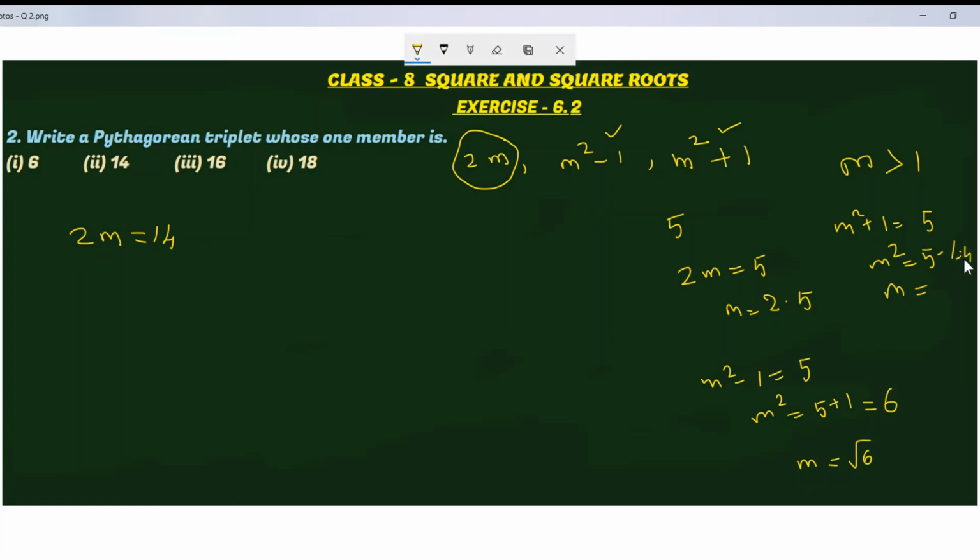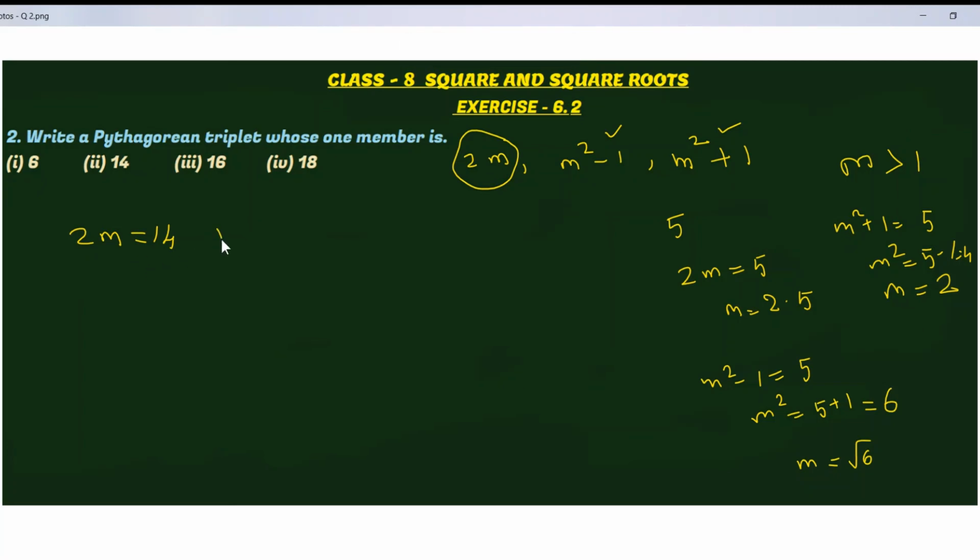We know 4 is the square of 2, so we can write m is equivalent to 2. So you need to check which number to take, whether it is 2m or m square minus 1 or m square plus 1. According to that, our calculation gets easier. Got it? So if the given number is even, then you can directly take 2m as the given number. So I have written here 14 also as 2m.